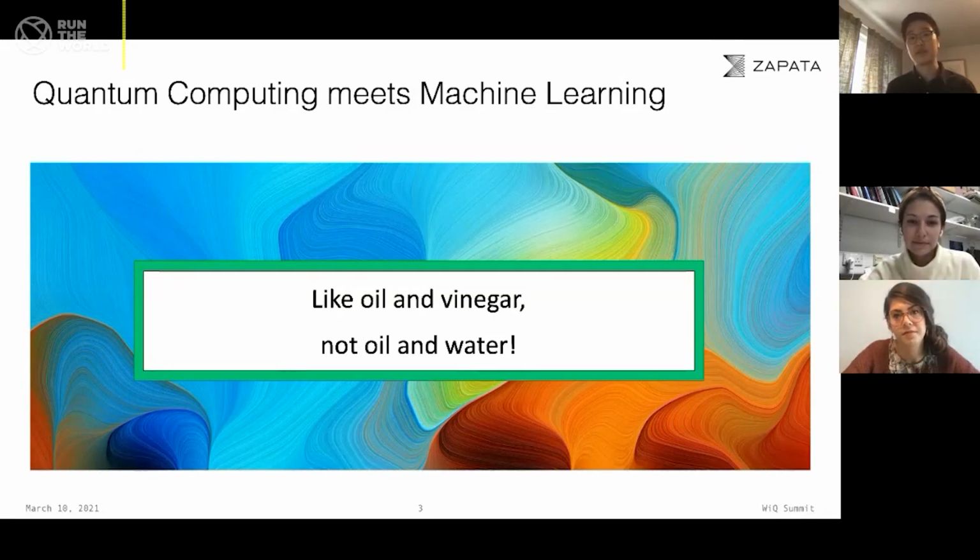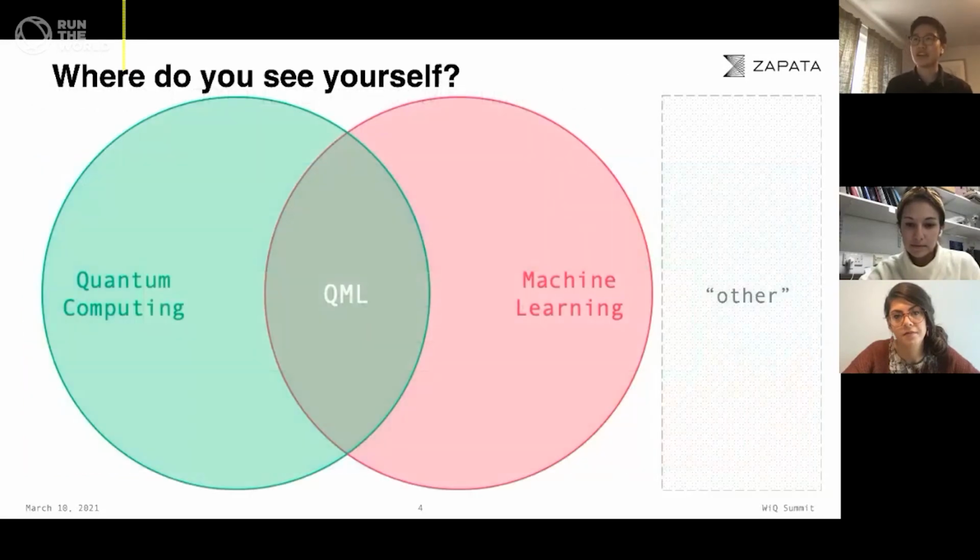Before we begin, I wanted to get a sense of the audience by looking at this QML Venn diagram or landscape, if you will.